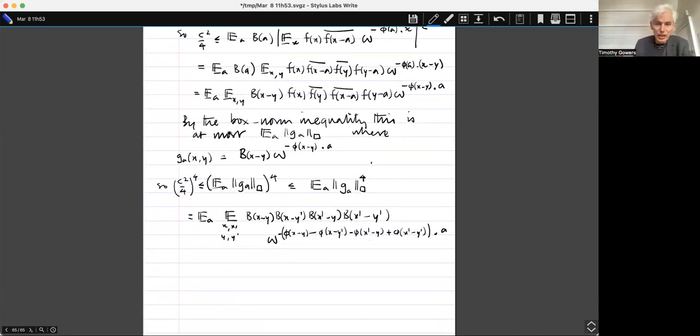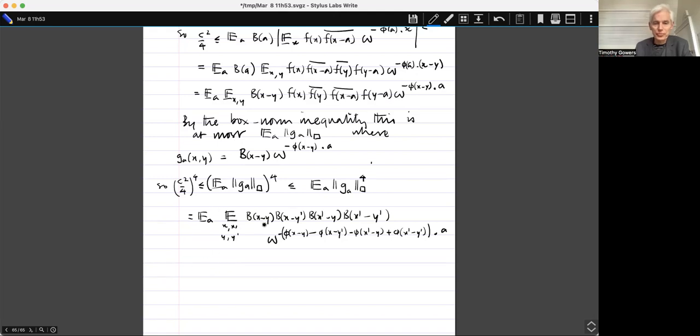And now a very nice thing happens, which is that when I take the average over A, this entire thing is going to be 1 if the thing in brackets is 0 and 0 otherwise. So we end up with the average over all x dashed, y dashed such that, actually I'm going to do something else first.